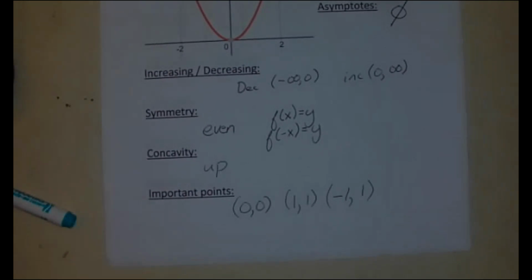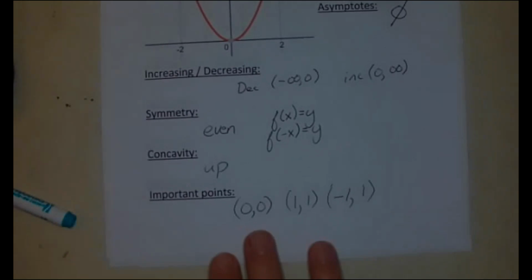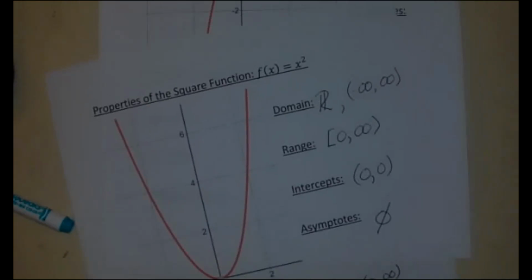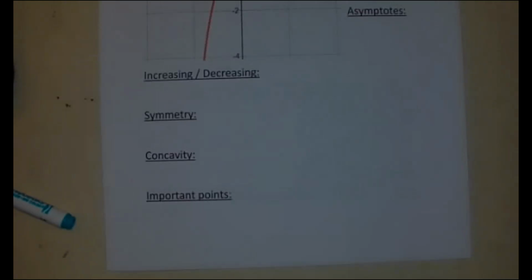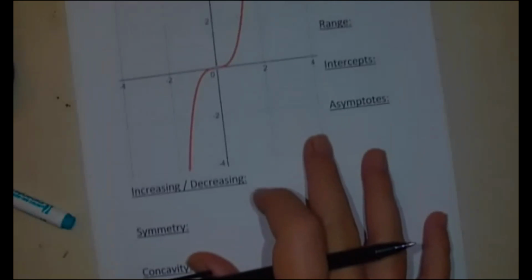If someone said, no, I think 2, 4 and negative 2, 4 are important points, I would not be able to argue with them. Those are good points as well, just as long as we have a few so we can look at them.